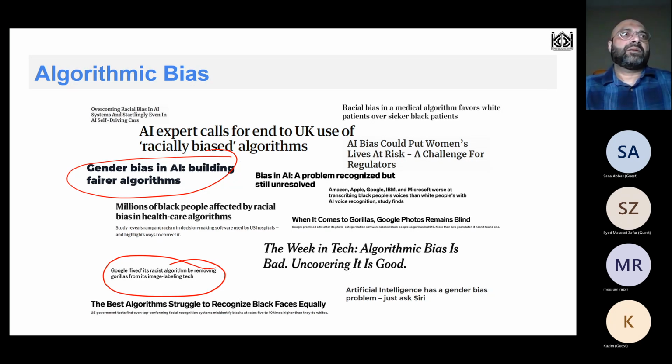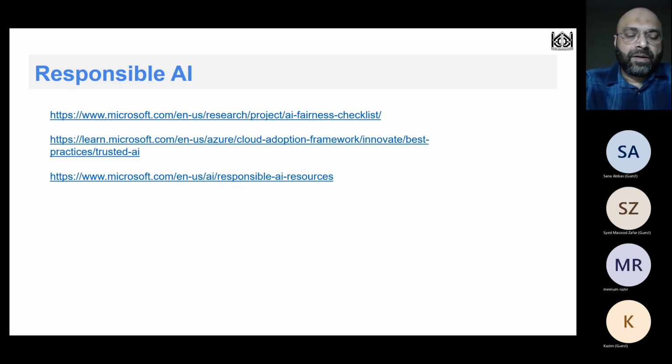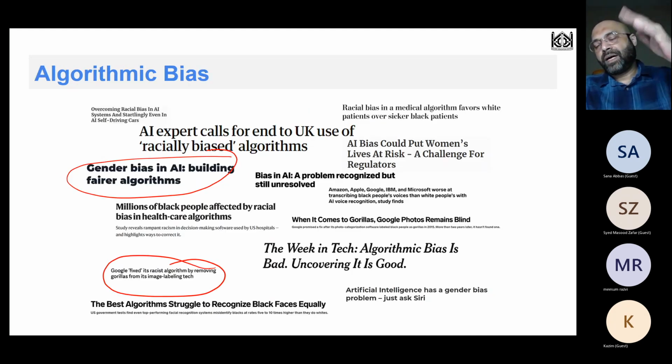One of the Amazon systems, I don't exactly remember at this time, but Amazon actually identified a huge bias in one of their systems, and they had to shut it down. Some of the firms were fixing it, removing the biases. These are some of the examples that surfaced in the news. Okay. So those were the biases and all that.